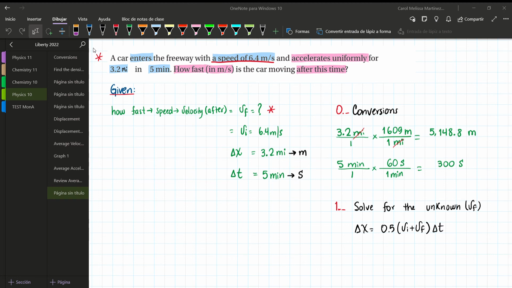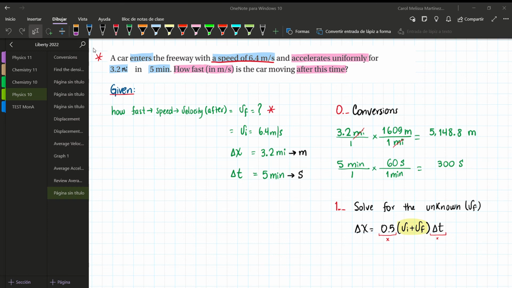The first thing I'm going to do is isolate the parentheses, because inside the parentheses I have the final velocity, which is what I'm looking for. 0.5 is multiplying the parentheses, and delta t is also multiplying the parentheses.